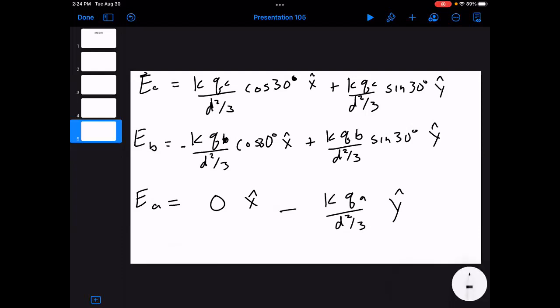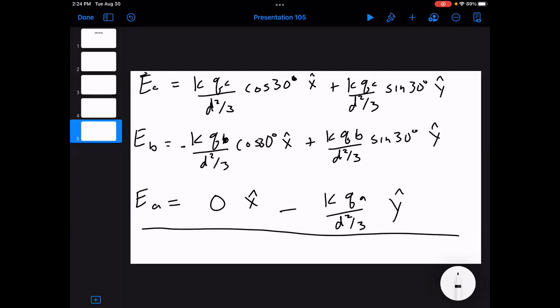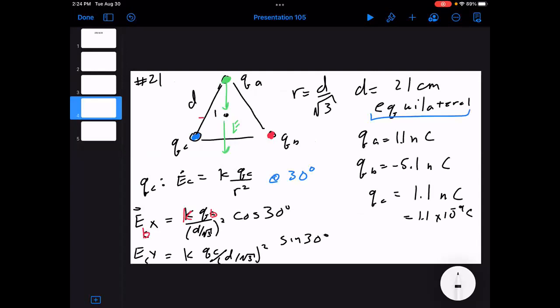Okay, I'm pretty close to calling this because I don't want to do the next treacherous bit of math. But I do want to note a few things before I start on that. One is I didn't really touch on the fact that QB is negative, because that'll flip all our directions. Does that make sense? Because if it's positive, it'll go out. If it's negative, it'll come in.